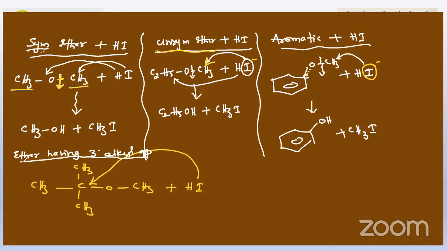All these earlier reactions are SN2 mechanism, but this reaction follows the SN1 path. Then what will happen? You get tertiary butyl iodide plus you get CH3OH.